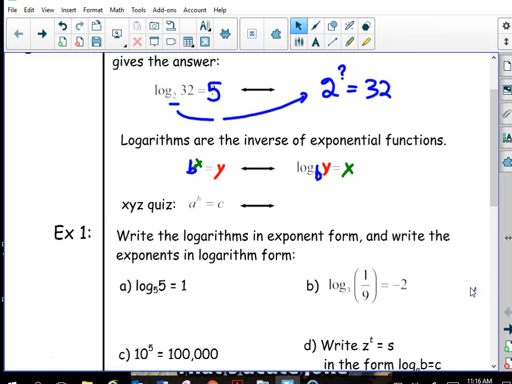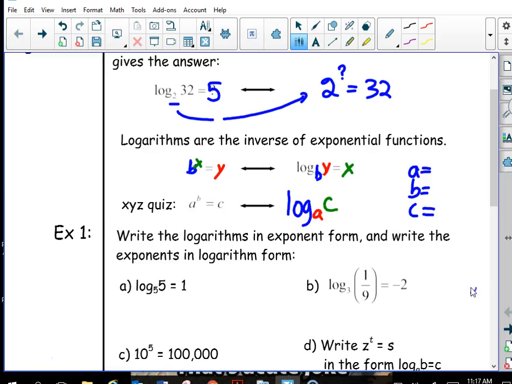One thing I noticed about x, y, z, though, is they are going to try to trick you. They use totally different variables. So if we were to rewrite this in logarithmic form, a to the b equals c, the base of my exponent is going to be the base of my log, and the answer to my exponential equation is going to be part of my logarithmic question.